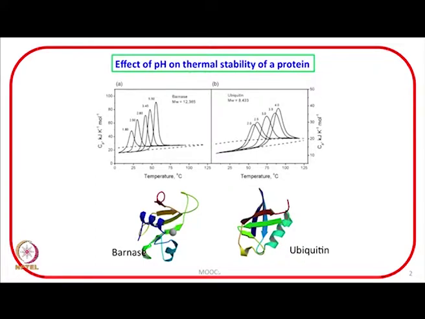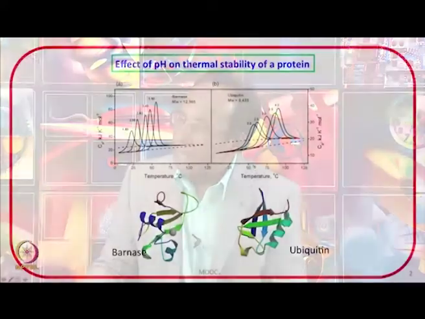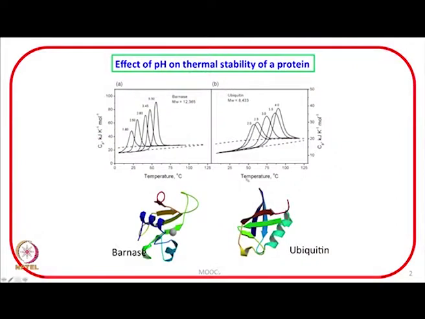Every protein will have its optimum activity under certain conditions, at a certain combination of pH, temperature, etc. And similarly, if we look at the transitions for ubiquitin, when you change the pH from 2 to 4, we see a consistent increase in the thermal stability. And actually, if you see in both the panels, the increase in thermal stability is also associated with the area under the curve.